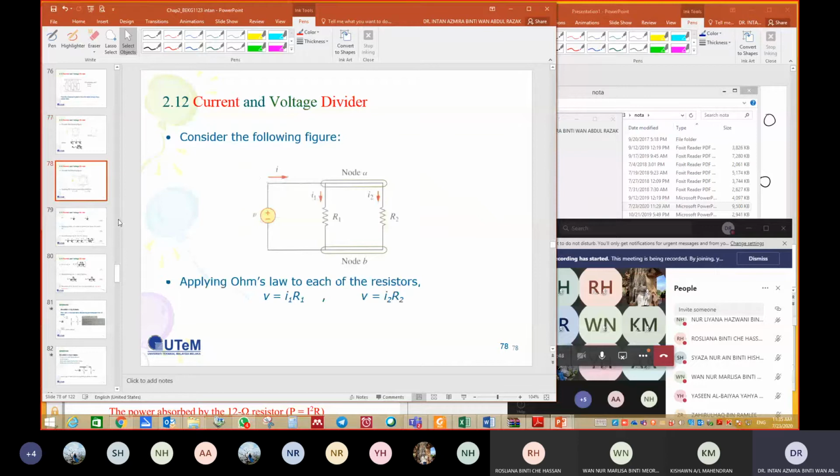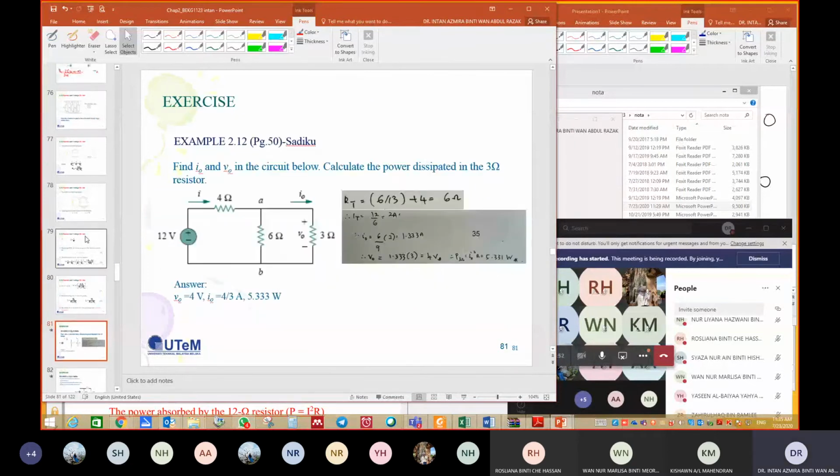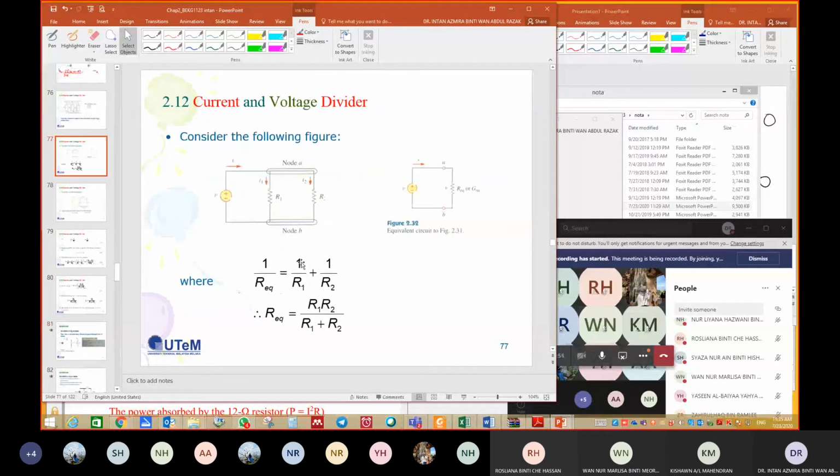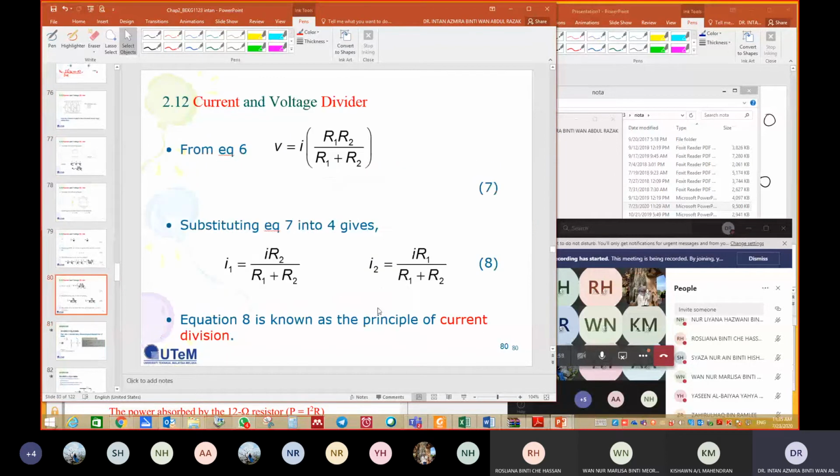So now let's look at the formula of current divider. Where is the formula of current divider? Okay, it is here. Consider this circuit.